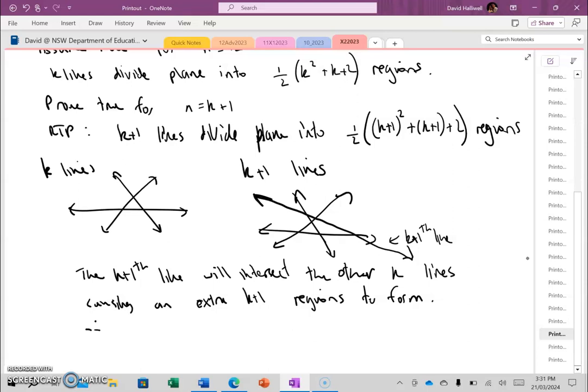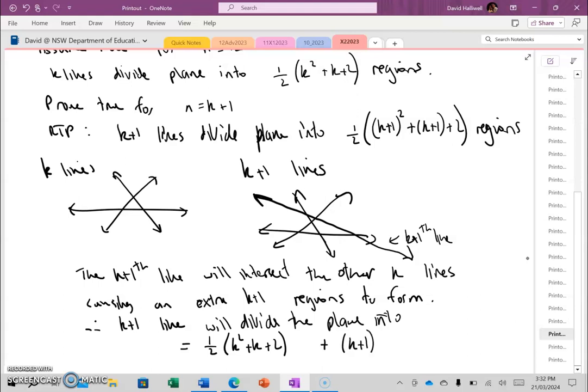So therefore k plus 1 lines will divide the plane into, from the assumption, half k squared plus k plus 2, and then we're adding an extra k plus 1 regions. And I'm going to say from assumption.